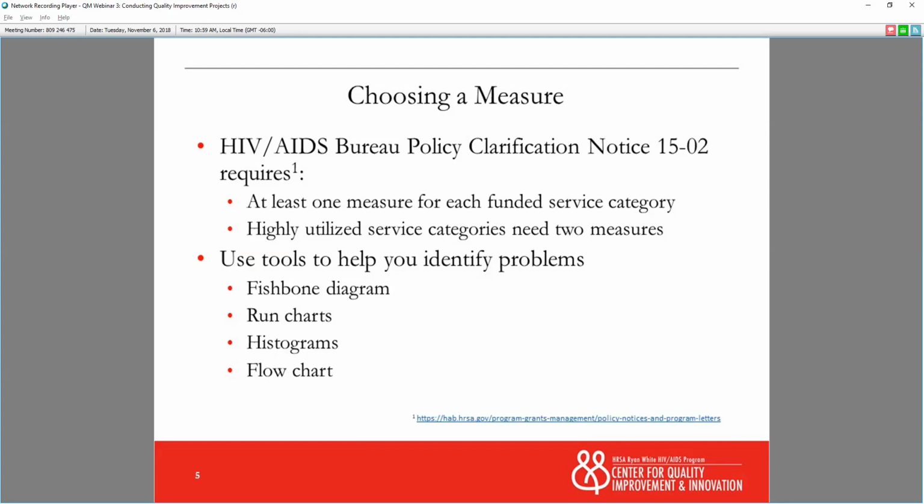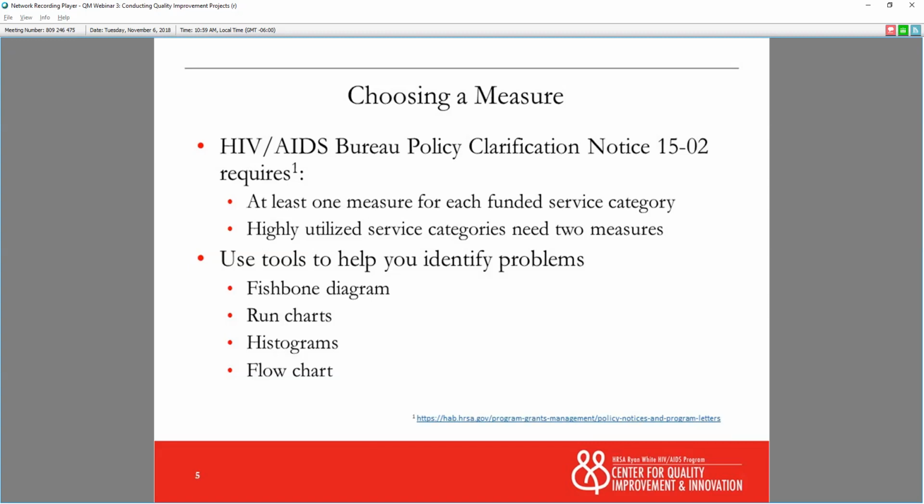However, that kind of rolls down to you guys too, because then you will be responsible for collecting data for these measures that are mandated. And for whatever you're funded, you will need to collect data and have at least one improvement project going on at a time.